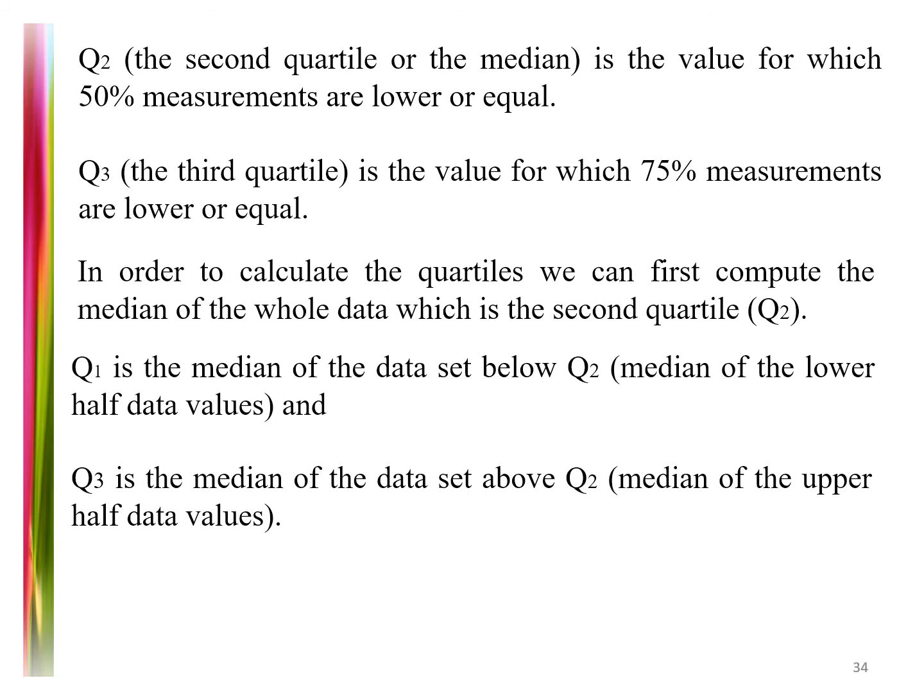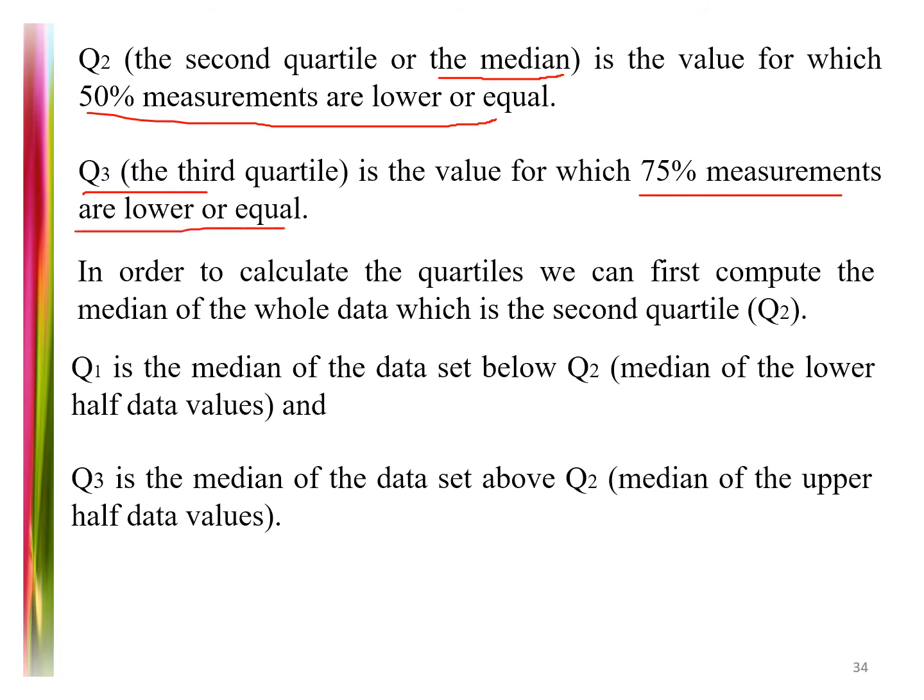The second quartile, Q2, is the value below which 50% of the measurements are lower or equal. You know that the median is the midpoint of the distribution, so Q2 is a special case: Q2 is actually the median. And for the third quartile, 75% of the measurements are lower or equal.